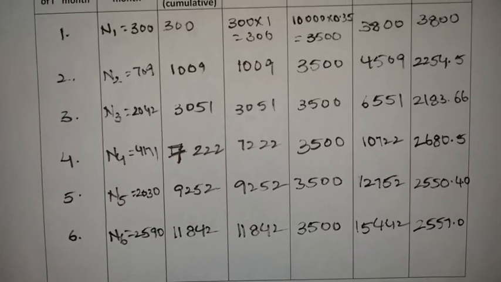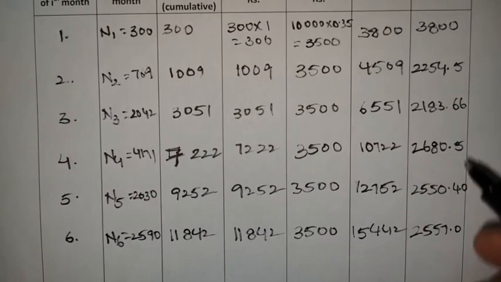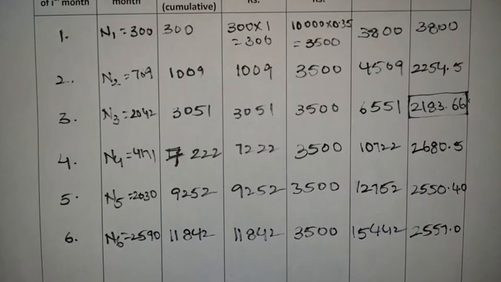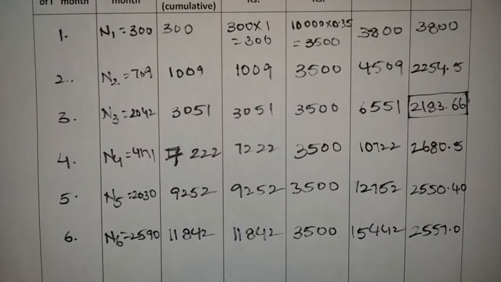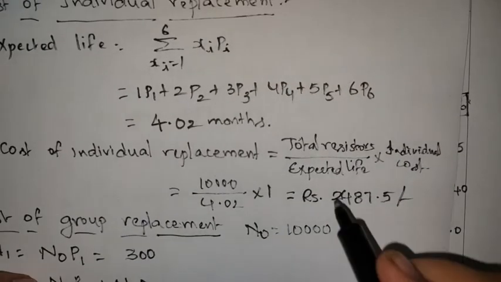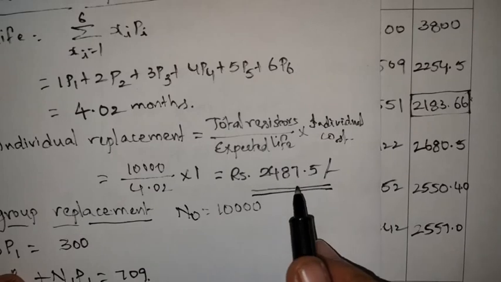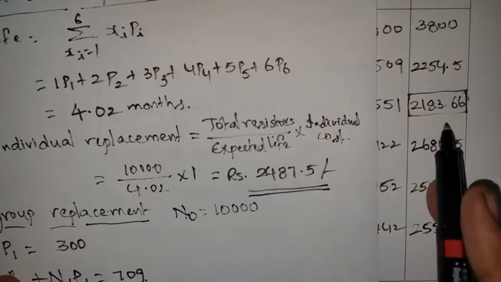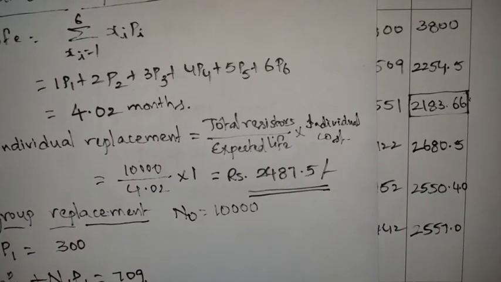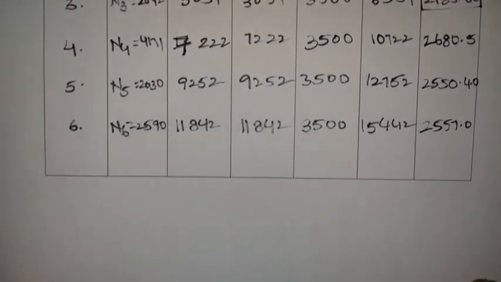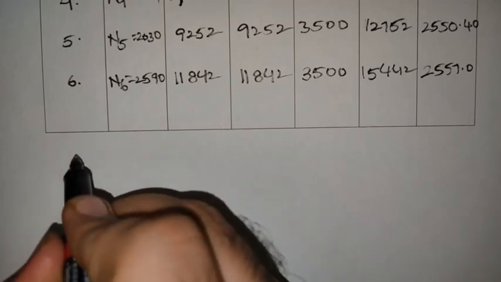So if you see the minimum value in the average cost, it is 2183.66, right? But what is the cost of individual replacement? It is 2,487.5. So here it is 2,487, 2183. So which one is lesser? Group replacement.